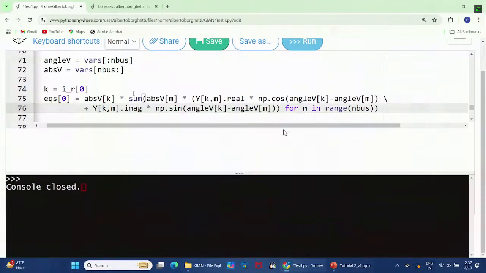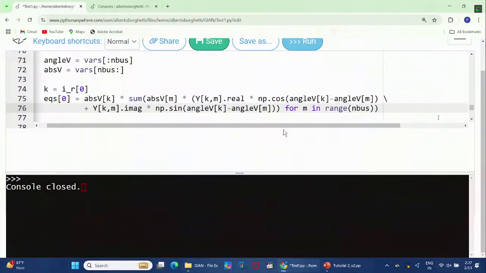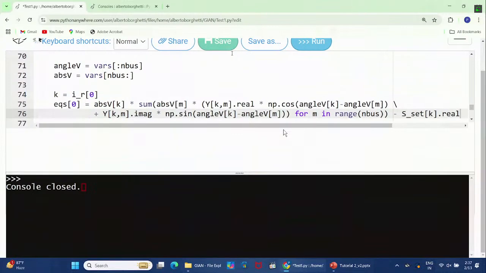So we have stored this in S set, so we can say minus S set, bus K, that is the receiving one, the active power. This is the complex power, so we need to take the real part. So in order to take the real part of the complex number, dot real, as we have already used for the Y and for this. Is it good?